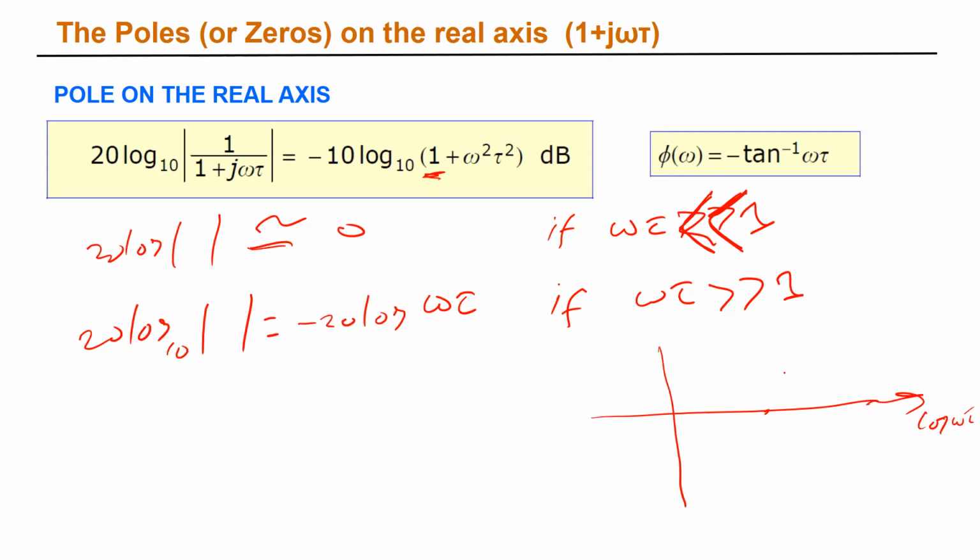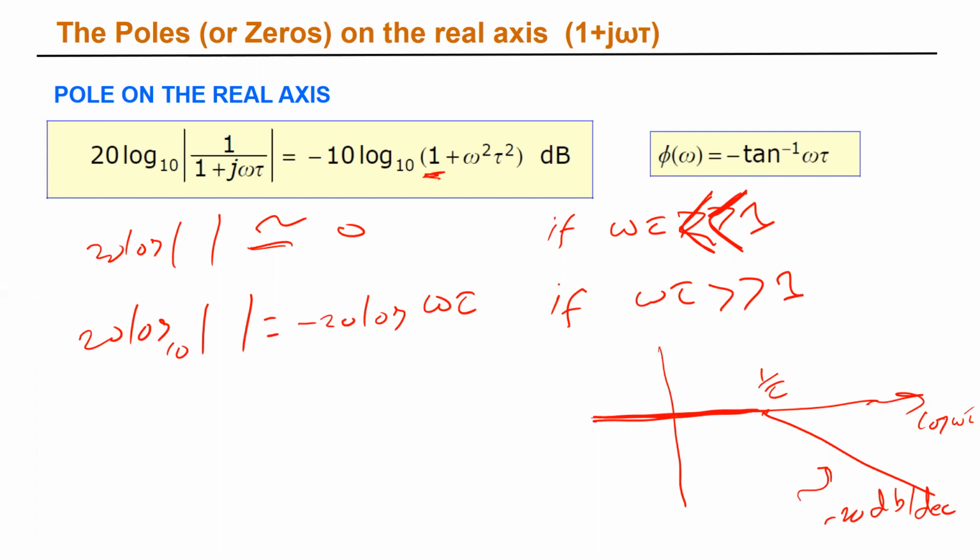It will be 0 up to this point, let's say this is 1 over tau. The magnitude will be 0, and then it's going to be minus 20 dB per decade. And this point we call the corner frequency or the break frequency, which is the location of the pole of the system.